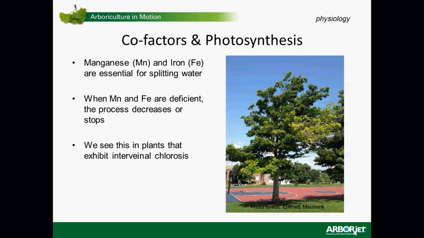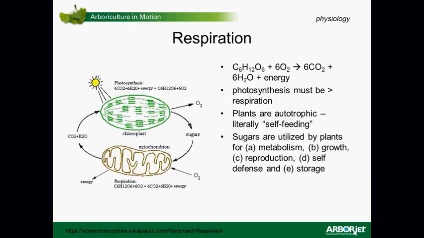And when they are deficient or not readily available, that's when you begin to see symptoms of chlorosis or yellowing in plants. So when pH of soils are high, for example, in Midwestern states, you may see this occur in things like oak trees.